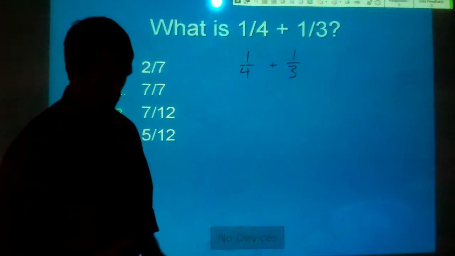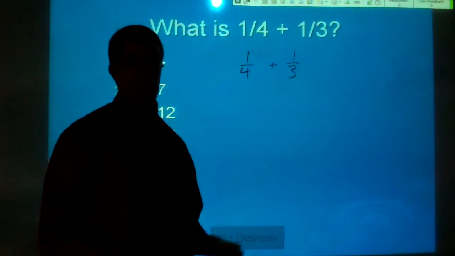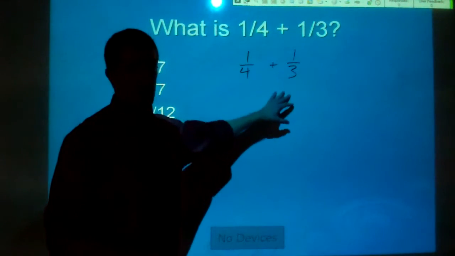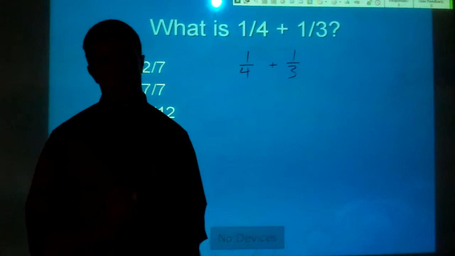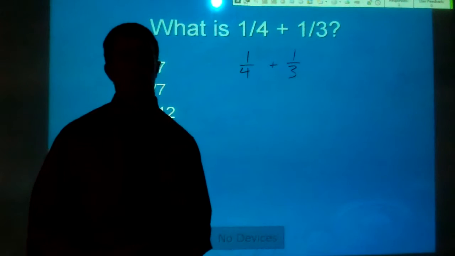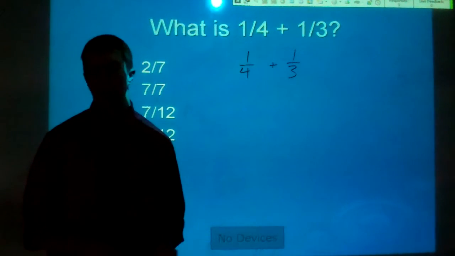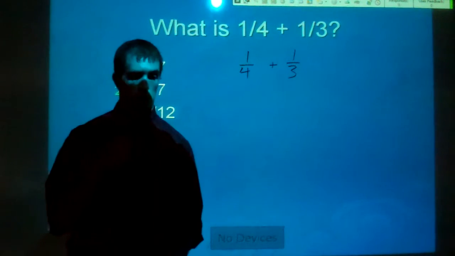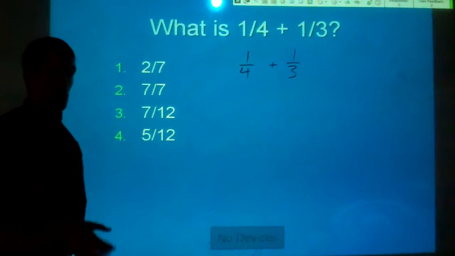One thing that we can do, which will be helpful, is find the least common multiple of 4 and 3. Now, if we find the least common multiple and use that as the denominator, we won't have to reduce in the end. It's okay if we need to reduce in the end, that's fine. But if we find the least common multiple first, it'll save us a step. And I'll show you why.